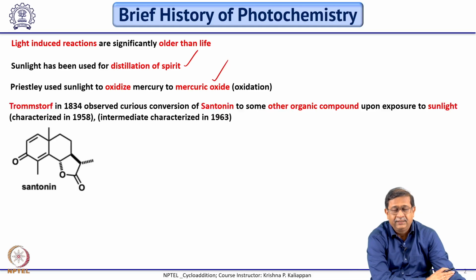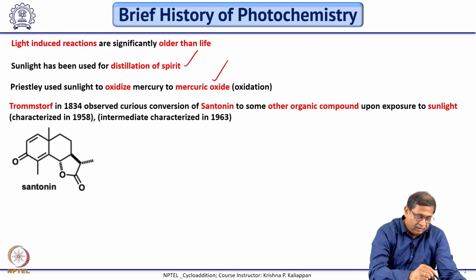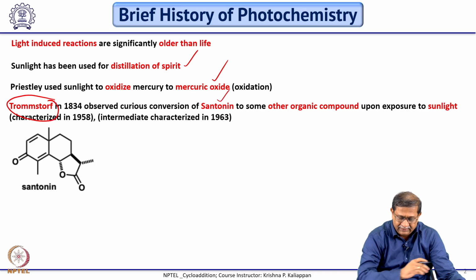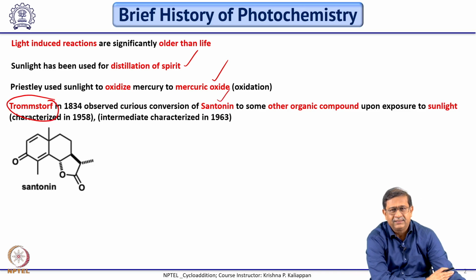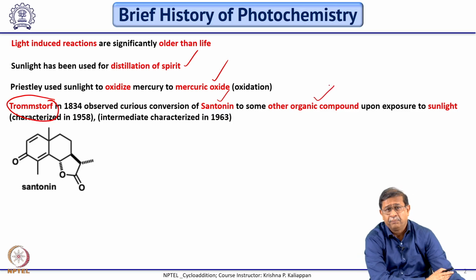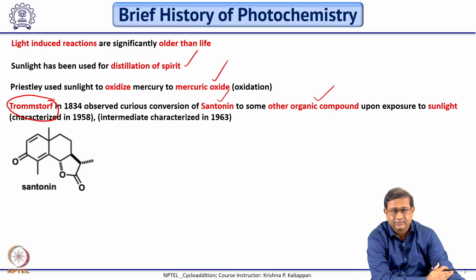And in 1834, almost 200 years ago, Tom Stoff took santonin and kept it in sunlight, and he saw that this santonin was converted into a very interesting organic compound, but he did not know what that compound was.